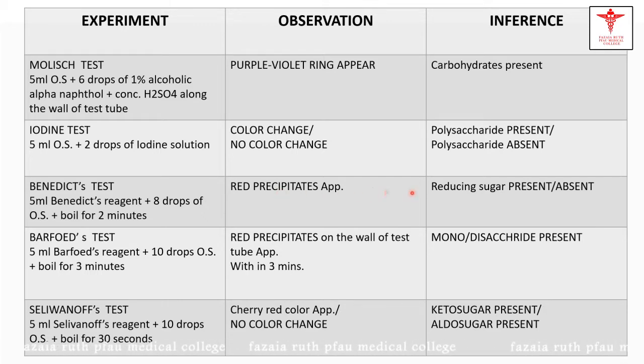So the inference will be reducing sugar present, and if there is no appearance of red precipitate, then the reducing sugar is absent. So in today's session, we will only perform 3 tests: Molisch's test, iodine test, and Benedict test.